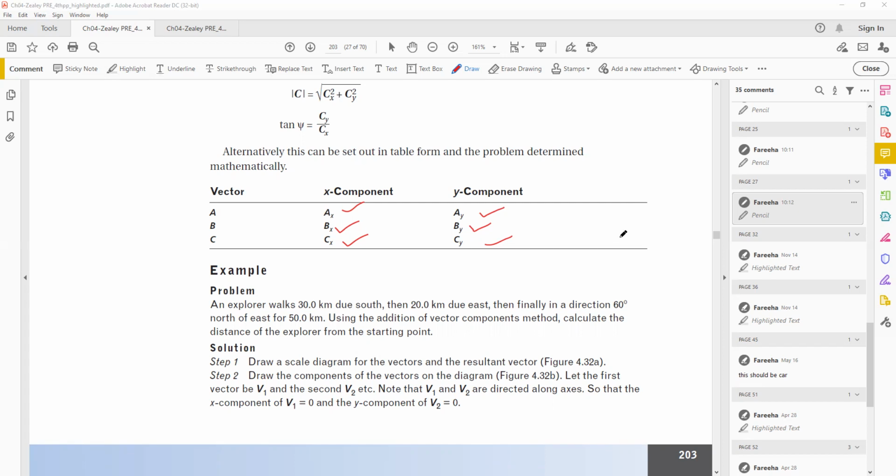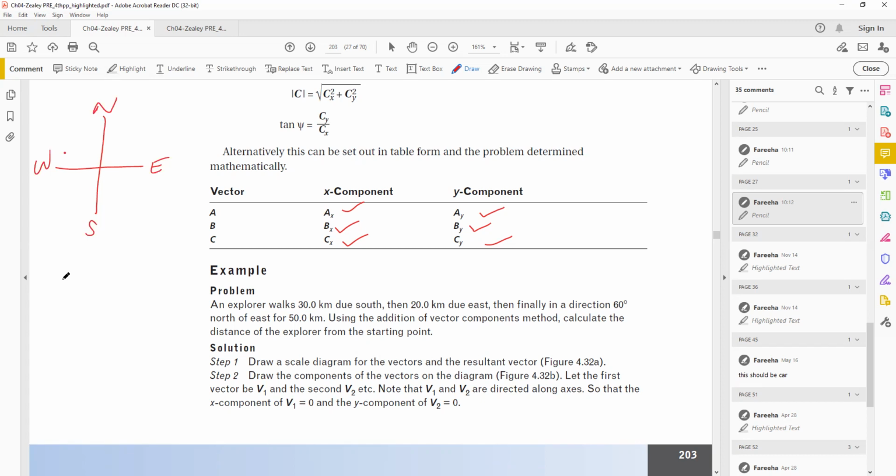Okay, so let's come back to the problem that we were talking about. We are talking about an explorer who walked 30 kilometers due south. When we talk about these directions, we can draw them here: north, south, east, and west. So he walked initially 30 kilometers towards the south.